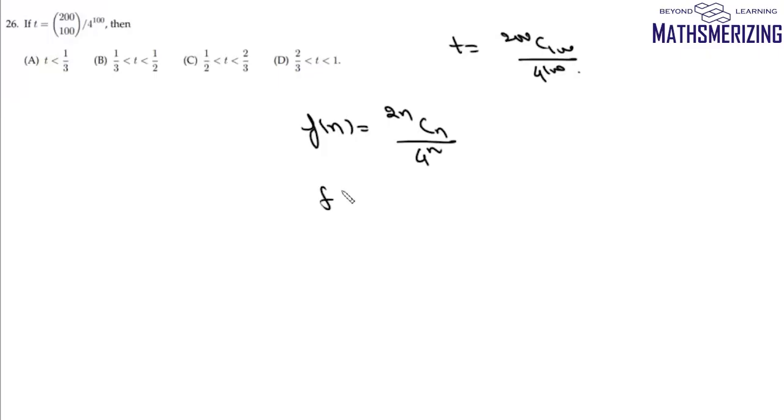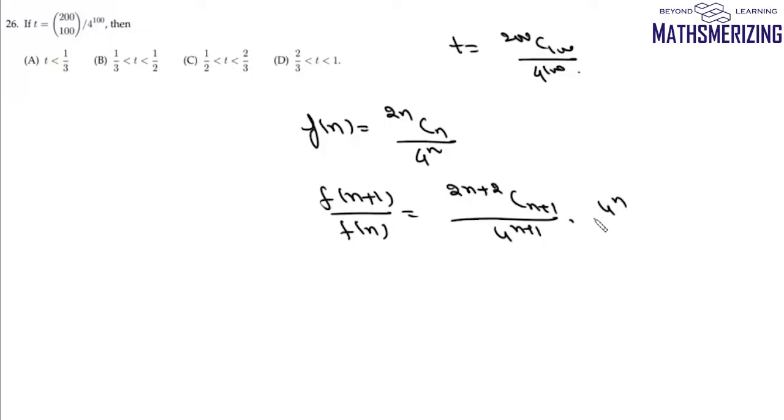Now we'll take the ratio of f(n+1) upon f(n), which will be (2n+2)C(n+1) upon 4 to the power n+1, and then it will be 4 to the power n and then 2nCn.